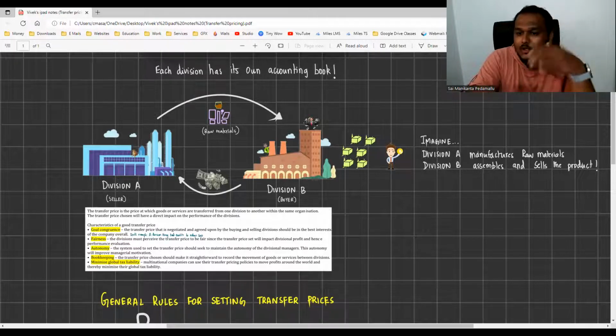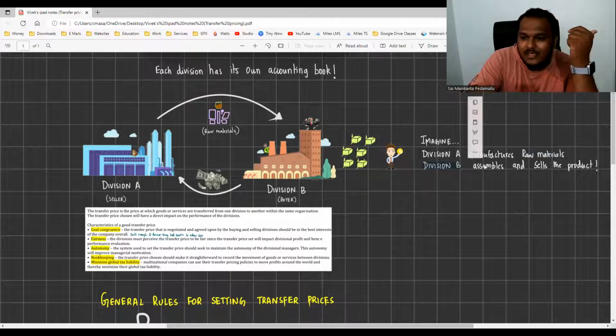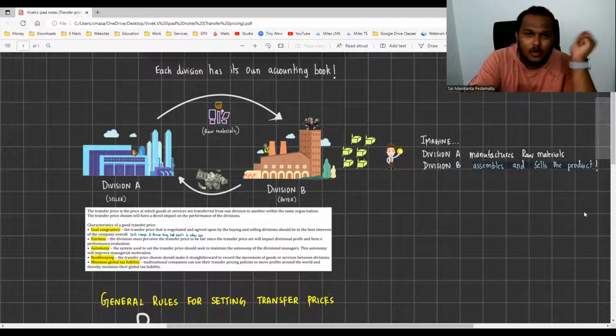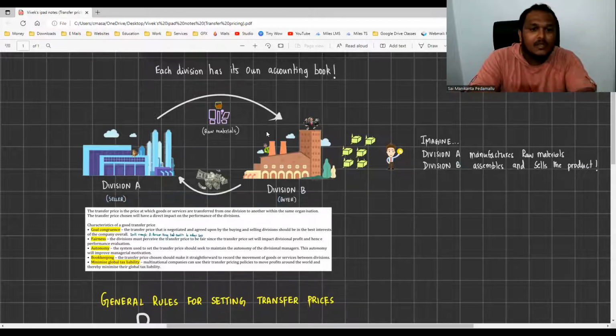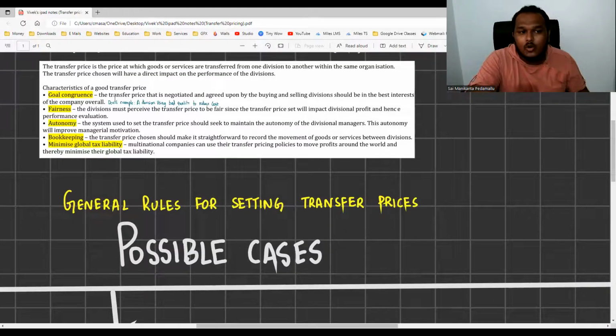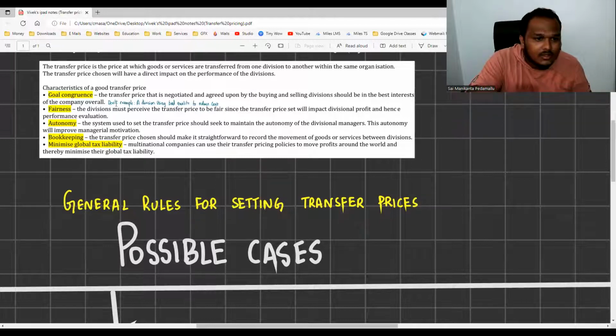Imagine a situation where division A is manufacturing the raw materials and division B is assembling and selling the final product to the end consumer. That's the example he took. The seller is division A and the buyer is division B. The key points that we need to keep in mind: goal congruence, fairness, autonomy, bookkeeping, minimizing global tax liability. I have already explained all that to you.